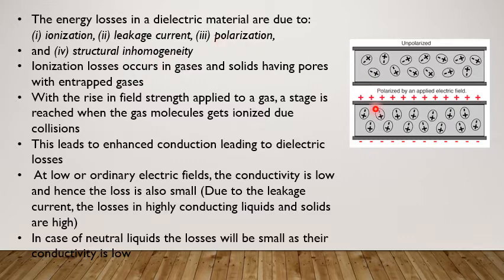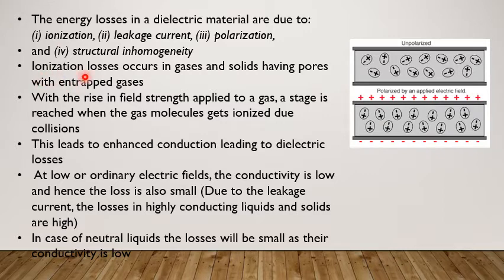There can be more polarization here, and due to more polarization, there will be more forces of attraction between the two dipoles, and this type of alignment will be disturbed and dielectric loss will take place. Structural inhomogeneity: due to structural inhomogeneity, the alignment may be disturbed and dielectric loss will take place.